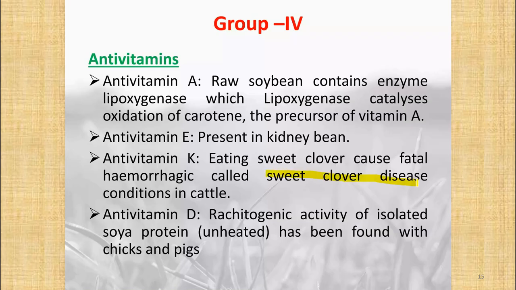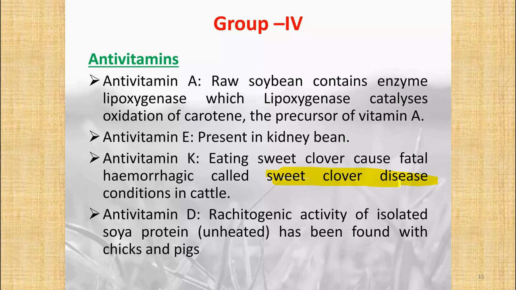Severe hemorrhages will be present after consumption of different feeds, especially raw soya bean feed. Sweet clover poisoning is a very commonly occurring poisoning in large animals.